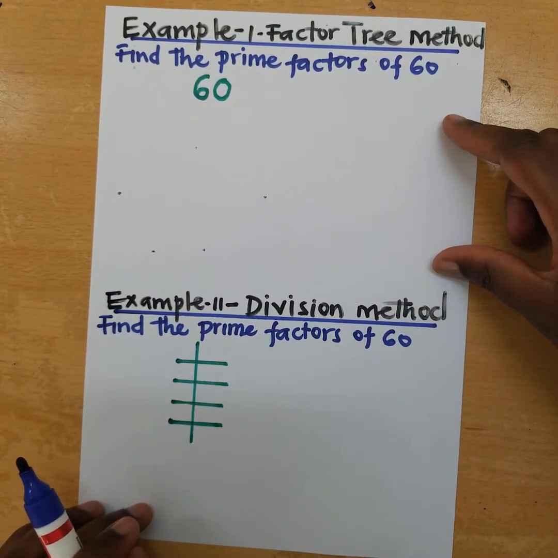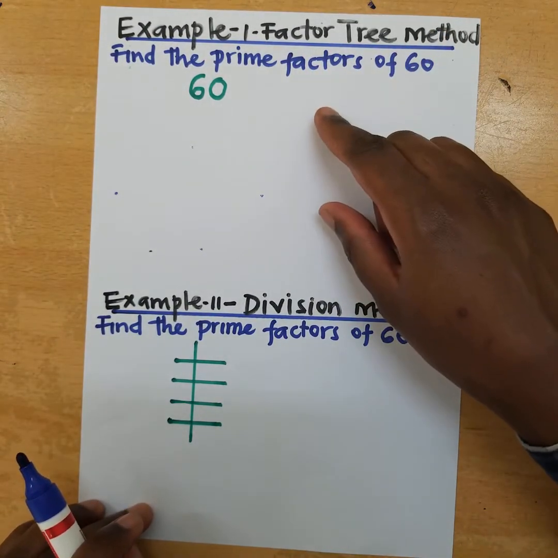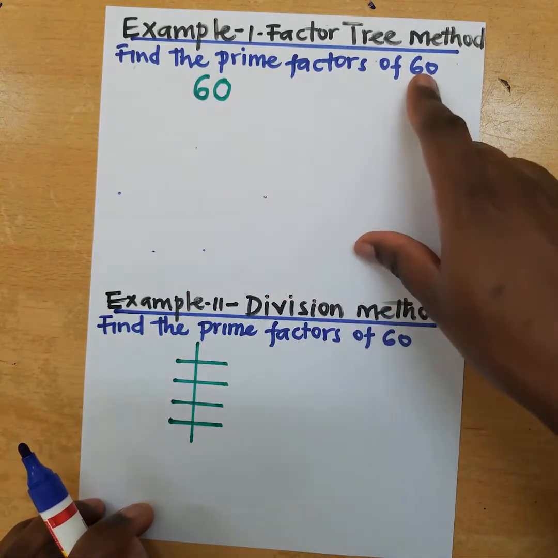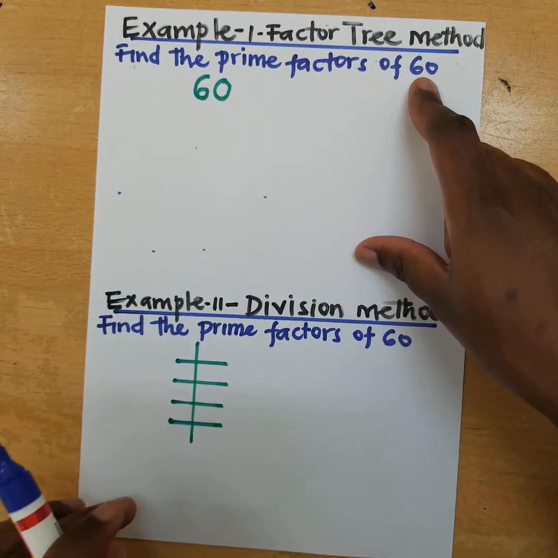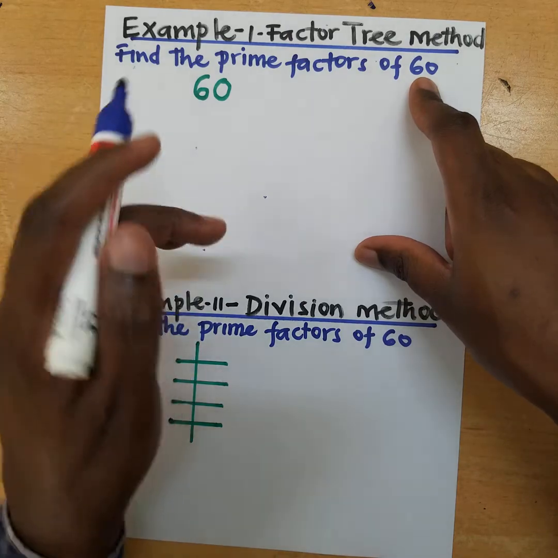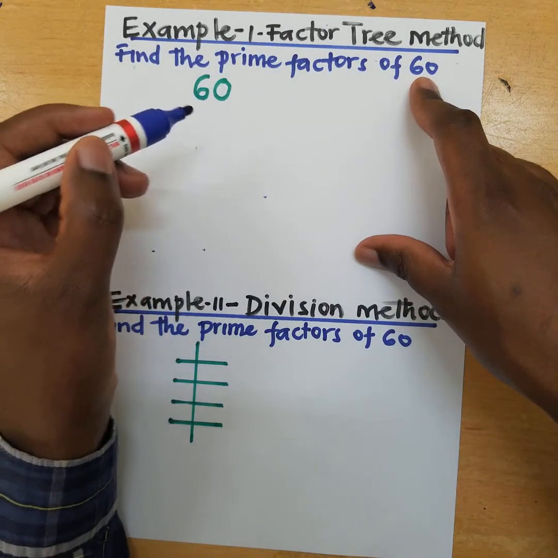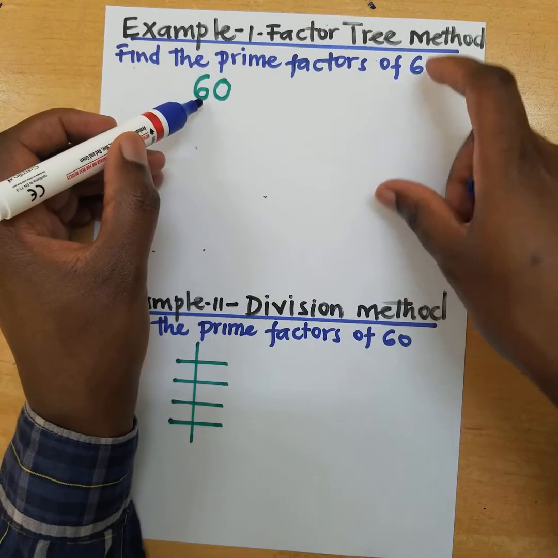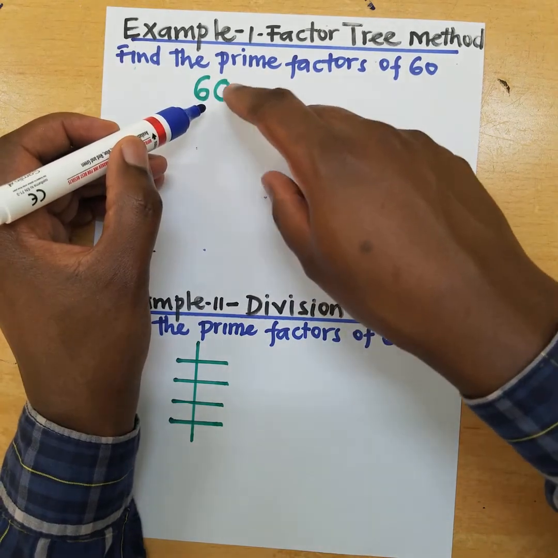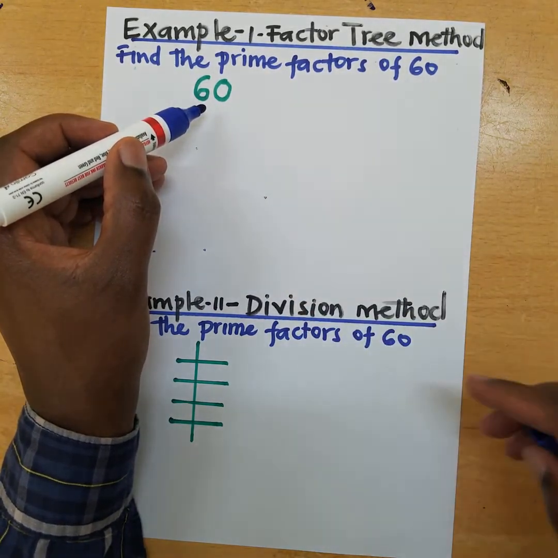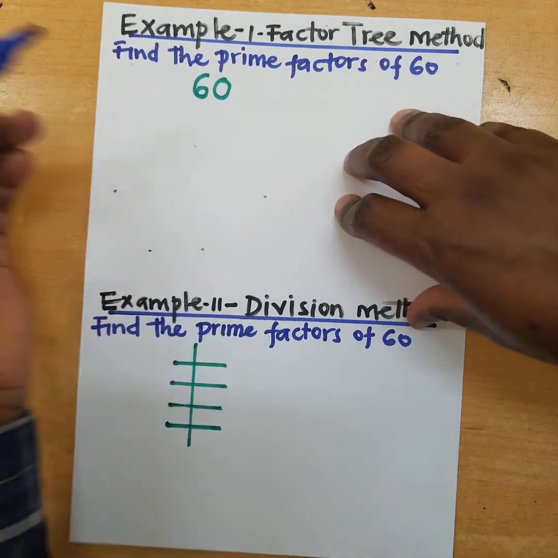Let's try first of all with the factor tree method. They're asking us, find the prime factors of 60. In this case, we aim at using prime numbers to split this number until we get to the last prime number. Let's see. I have 60.